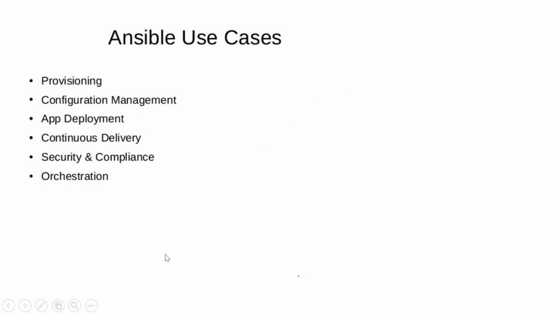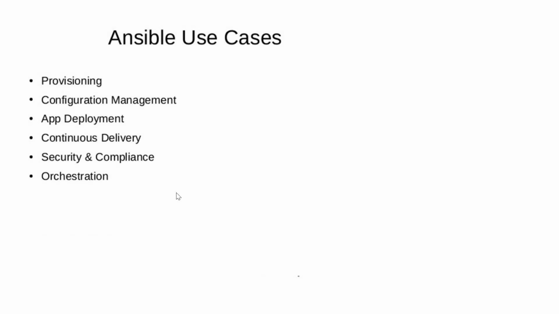Ansible use cases: provisioning, configuration management, app deployment. Remember, Ansible also provisions servers. Like the Terraform tool, which we have not yet learned, Ansible is able to create servers on the cloud.